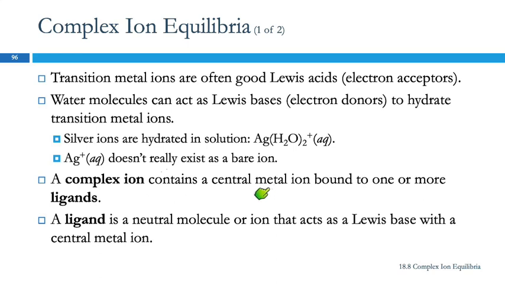You've got a central metal ion, and then you've got one or more things attached to it, and those things are called ligands. So a ligand can be a neutral molecule, or it can be an ion that acts as a Lewis base, with the central metal ion acting as the Lewis acid.